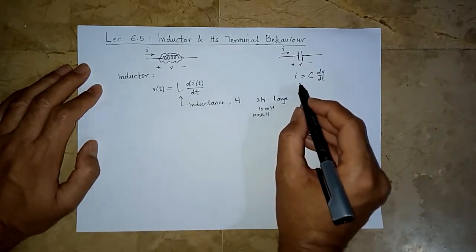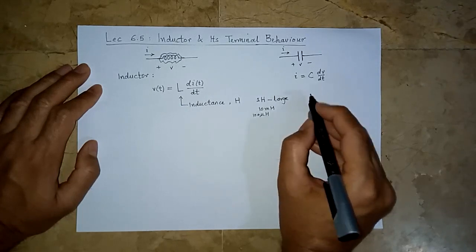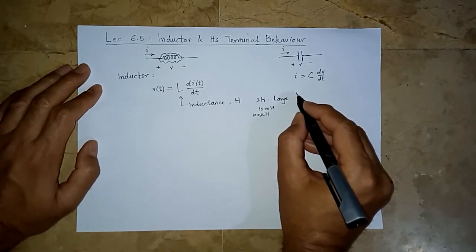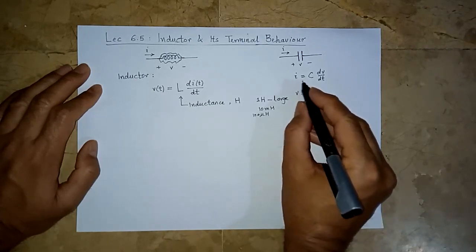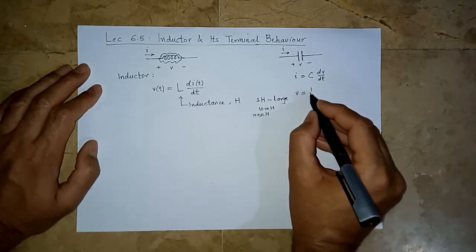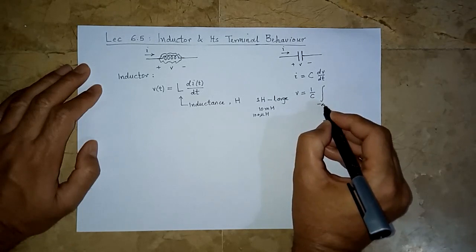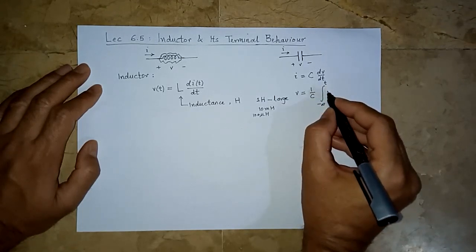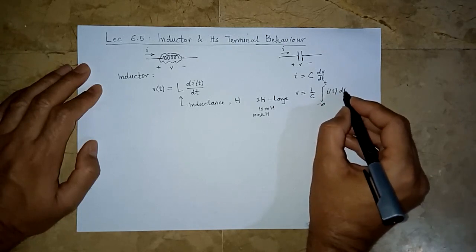Remember, in the case of a capacitor, we said that I is equal to C dV by dt. Then we have a set of equations. When I is related thus, the V is related by 1 over C times the integral from minus infinity to t of I(t) dt.